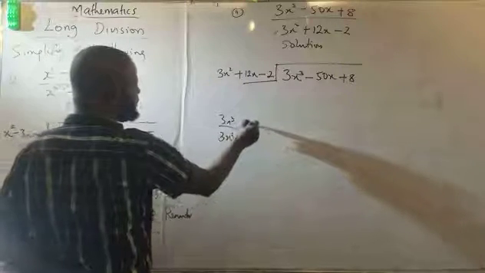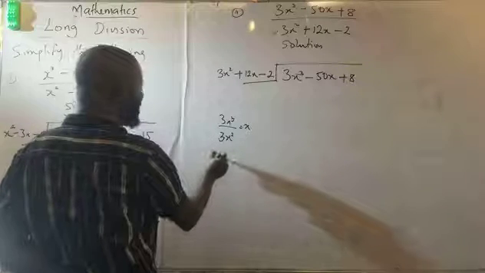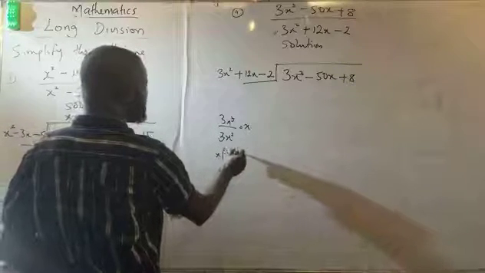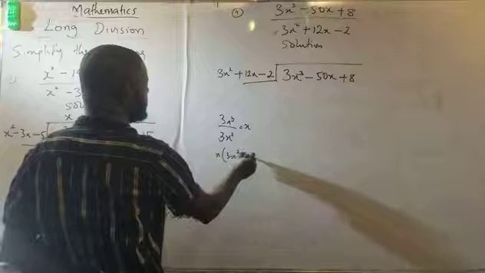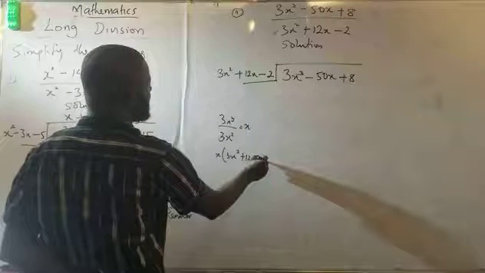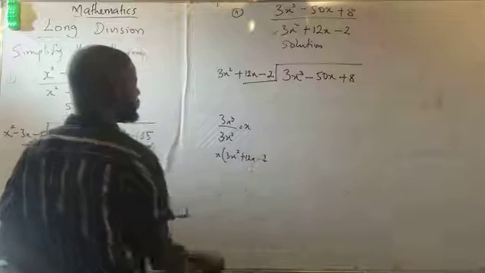Definitely it will give us ordinary x. Now, that x will be multiplied by 3x squared plus 12x minus 2.